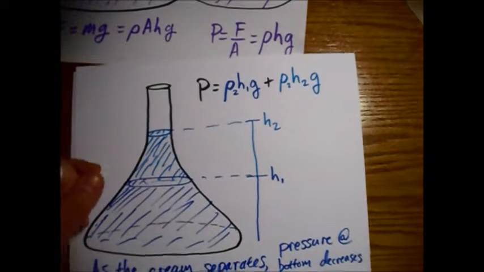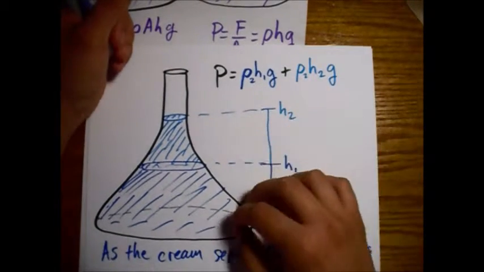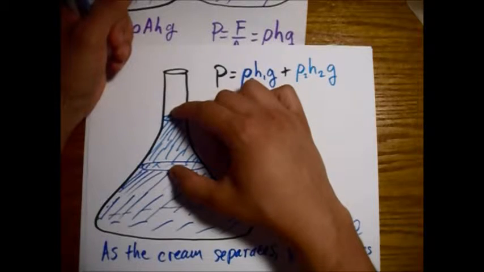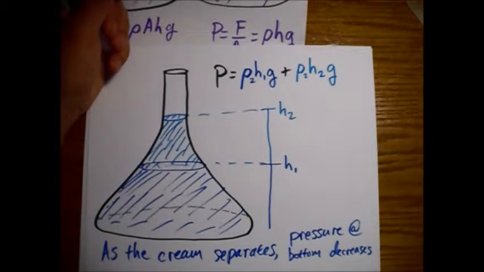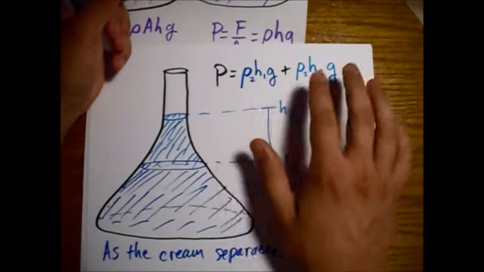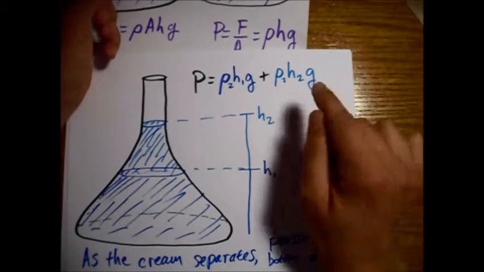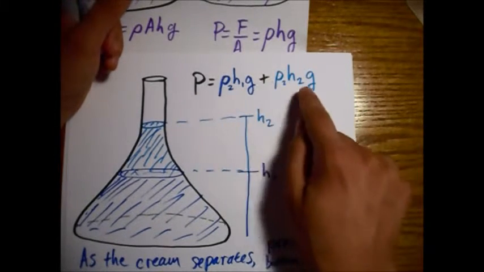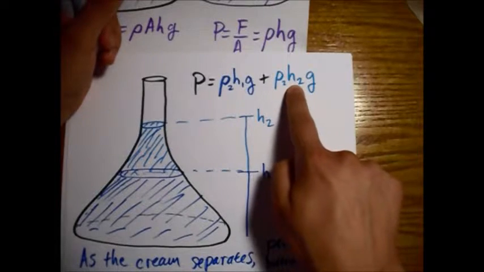So as we bring the liquid of lower density to the top, we are giving it more height. That's a kind of awkward way to say it, but that just means that this term here is weighted more heavily because the height is larger.